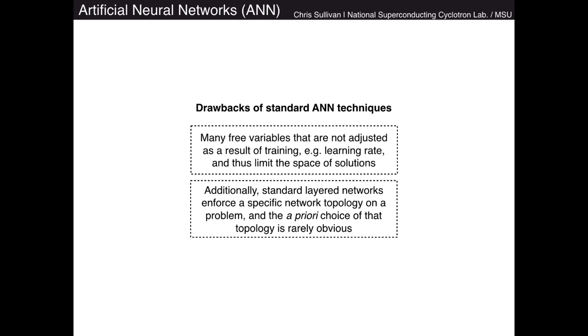So there are some drawbacks to the standard artificial neural network techniques I've been describing, and they're primarily having to do with the fact that there are a number of free variables that are not really adjusted as part of the training. For instance, in backpropagation, there's nothing that's actually adjusting the learning rate.